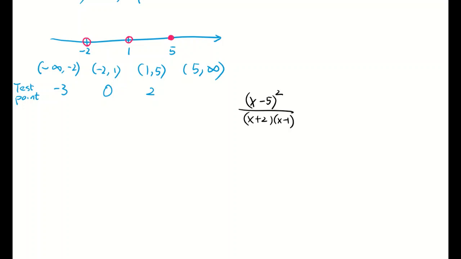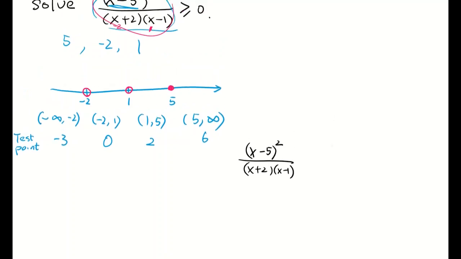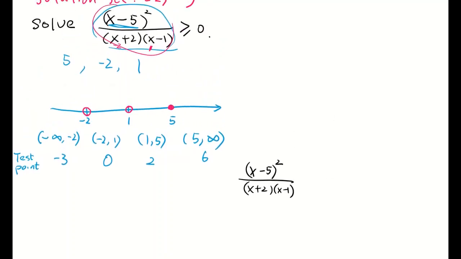From the fourth interval, I will pick 6. Now I want to test whether each test point makes this expression positive or negative. I don't care about what values I get, just the signs of the result.